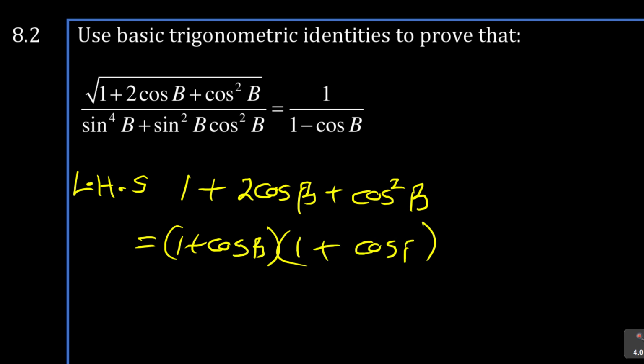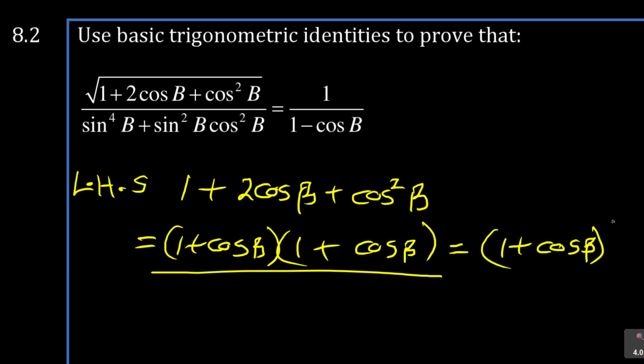Look at this. If I expand, 1 times 1 is 1, and cos b times 1 twice is 2 cos b. So you see that this is actually that. So actually it's 1 plus cos b squared. See that? Hence they put it under a square root. That is that.